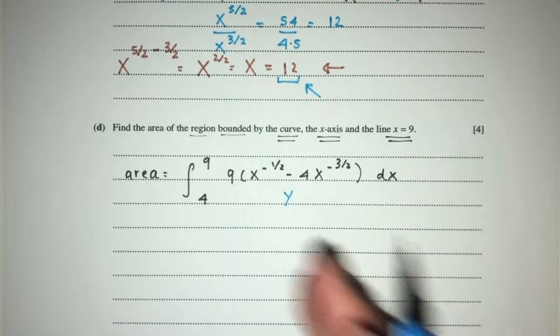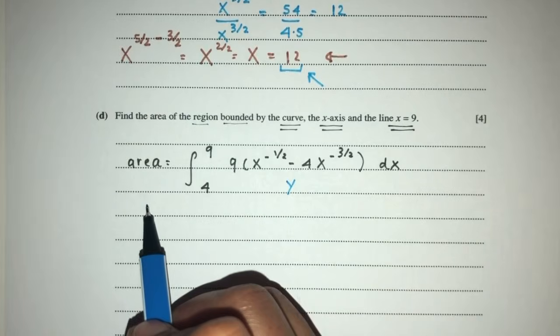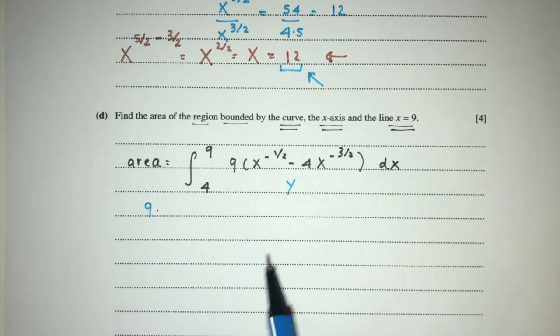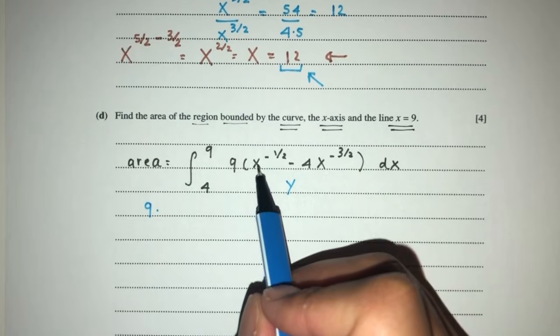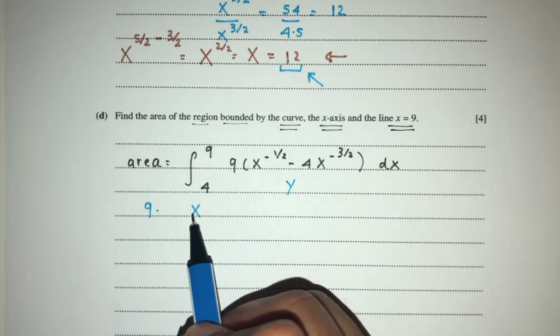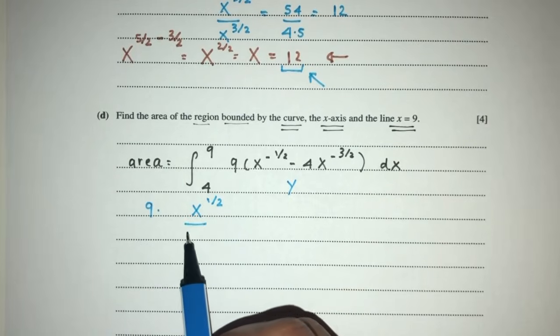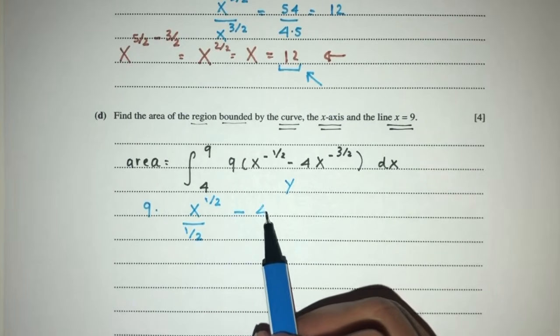Now we have to solve this integration. One by one, we can see this one is a multiple. We can just remove the 9 outside for now and then integrate term by term. So here we have x to the power minus half. First thing to do is to add 1 to the power, becomes half, divided by the power. Here we have minus, and 4 is only a multiple.